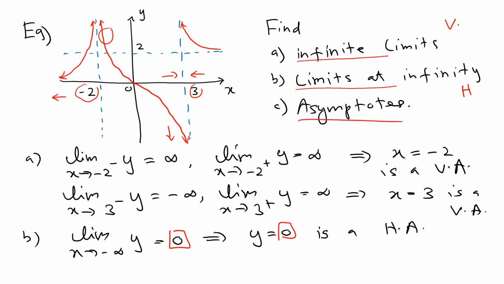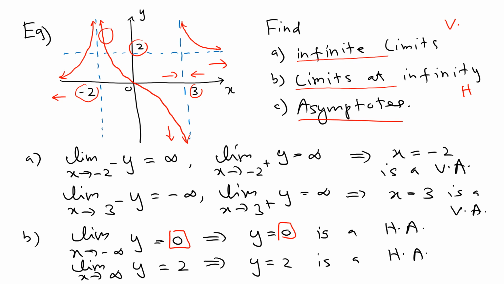And also, you can see in this one you have two different values. So the limit when x goes to positive infinity, you can see the function reaches the value 2. So it is 2. So that means y equals 2 is a horizontal asymptote. So there are two vertical asymptotes and two horizontal asymptotes for this graph.